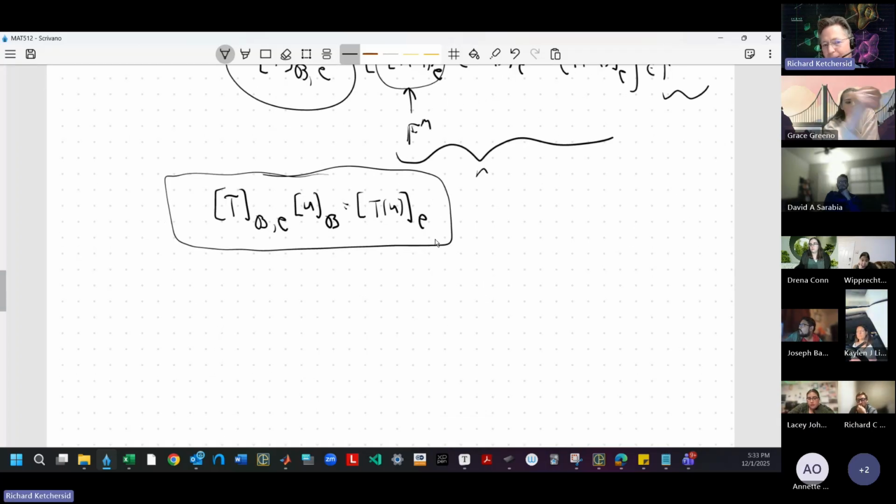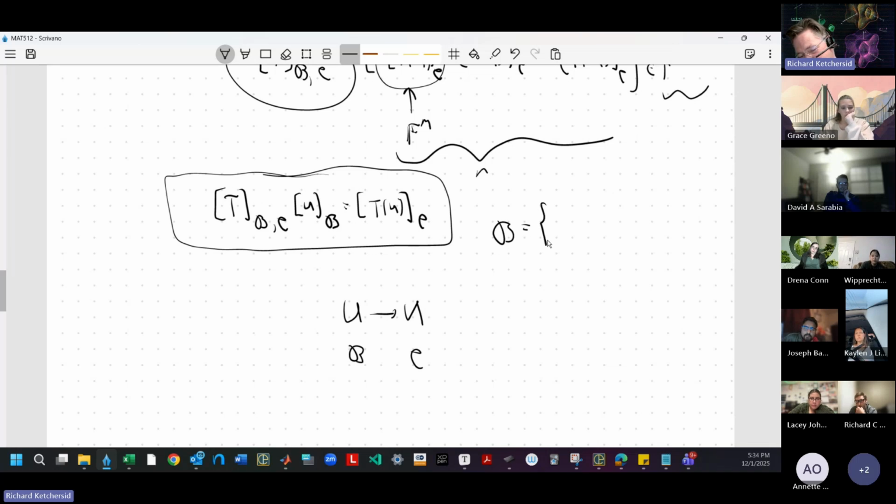Okay, so let's go back to this question I was trying to do, right? So this all got started because I'm trying to find the matrix for the identity map, right? It seems like this should be completely trivial, right? So I want the matrix for the identity map going from U to U, right? And in my example, I had the basis B and I had the basis C, and the basis B was, and I don't know, do I need to get it right?